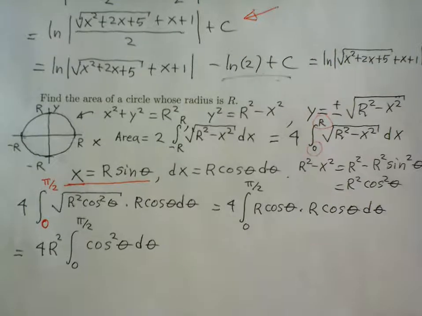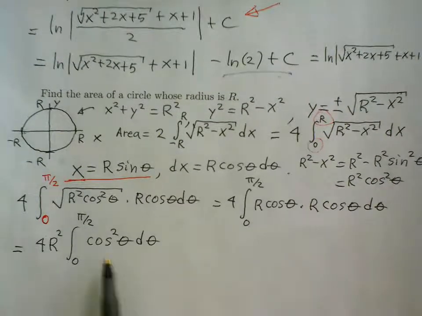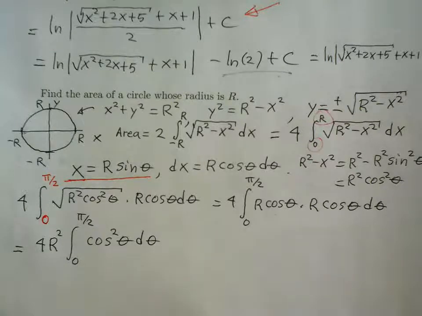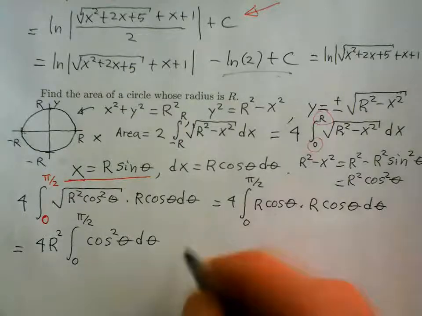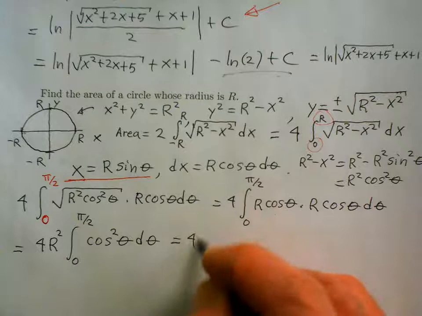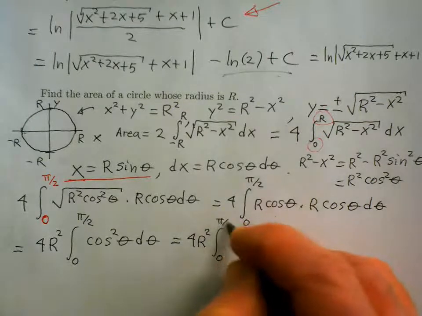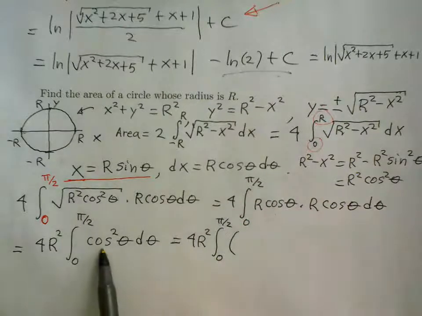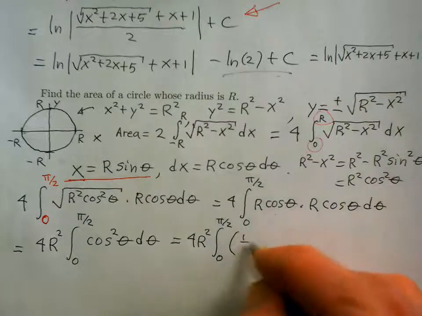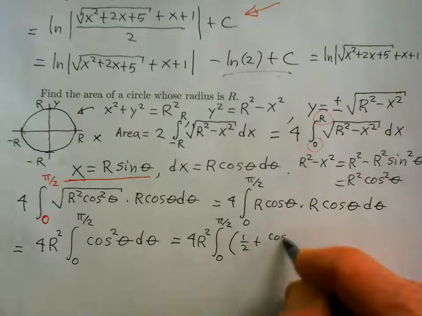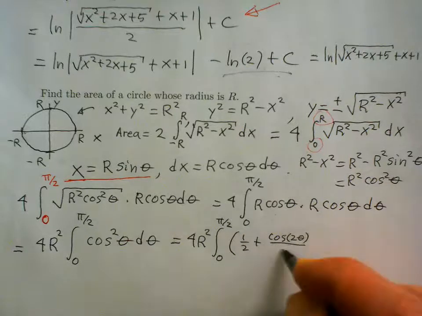And hopefully now a familiar identity for cosine of theta squared that is pretty handy when computing integrals is 1/2 plus 1/2 times cosine of 2 theta. So 4 times R squared times the integral from 0 to pi over 2, and we replace cosine of theta squared with 1/2 plus cosine of 2 theta divided by 2 d theta.